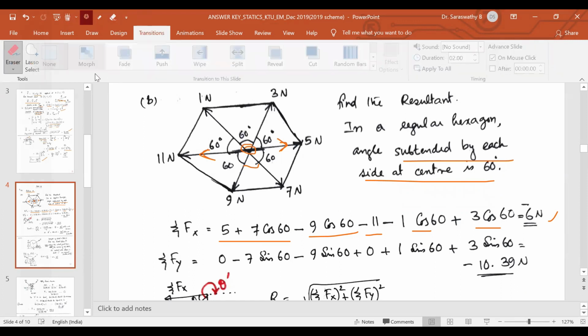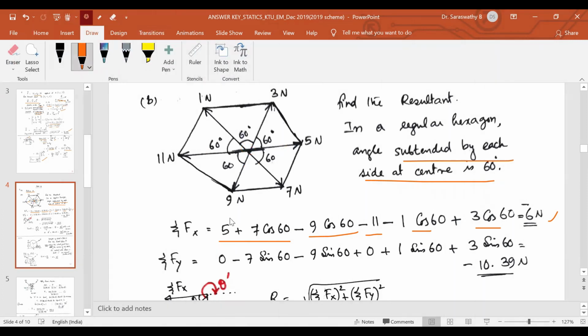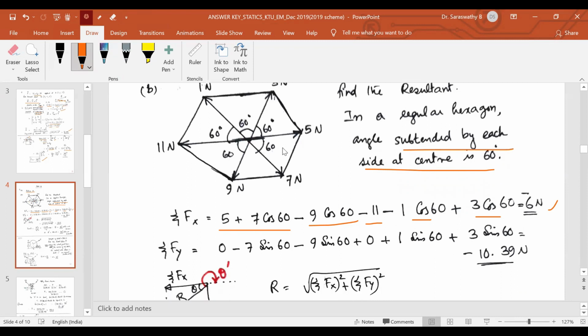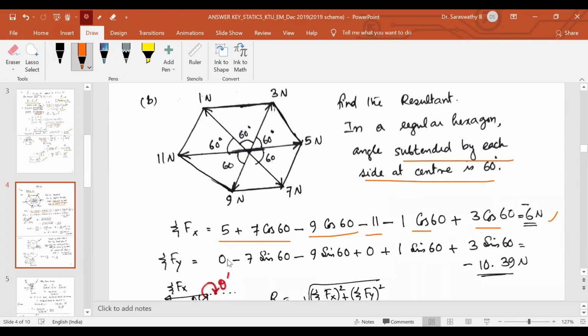Coming to sigma fy. This 5 doesn't have any vertical component because it is purely horizontal, so it is 0. 7, its vertical component will be acting in this direction, downward. Angle with horizontal is 60, so the vertical component will be 7 sine 60 minus.